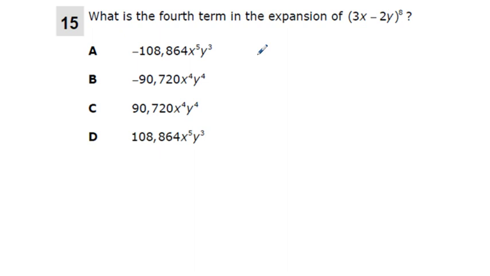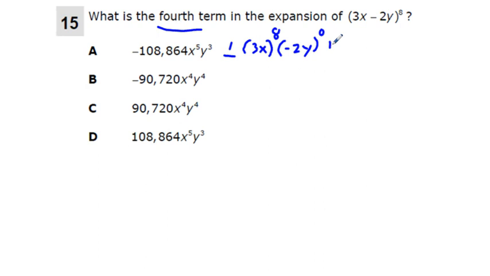Next, 15. What is the fourth term in the expansion of quantity 3x minus 2y to the 8th power? So it's a binomial expansion. We're looking for the fourth term. Well, the first term is going to be some coefficient, which we know for the first term will be 1 times 3x to the 8th power, and we're going to have times this next term, which is negative 2y, to the 0 power.